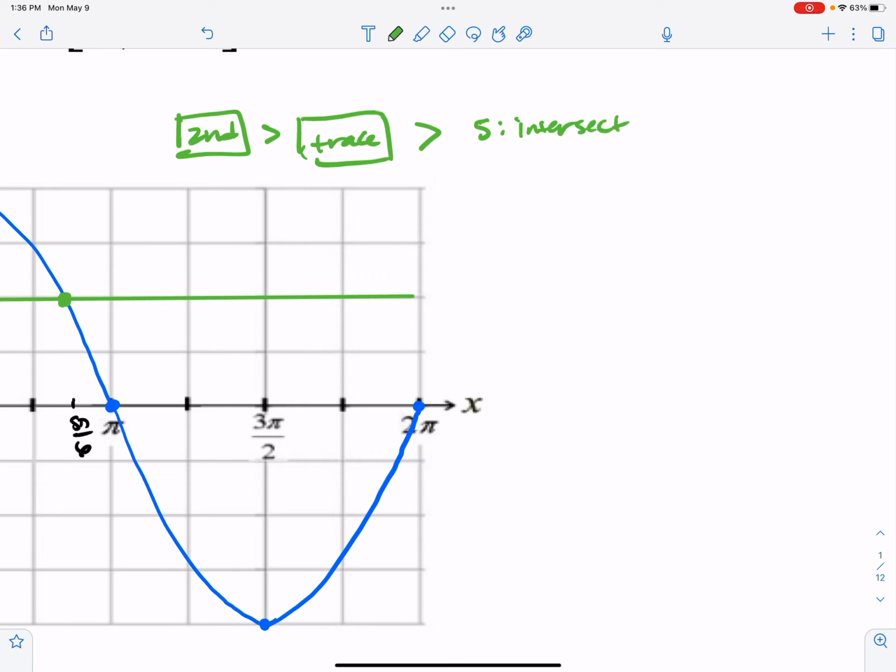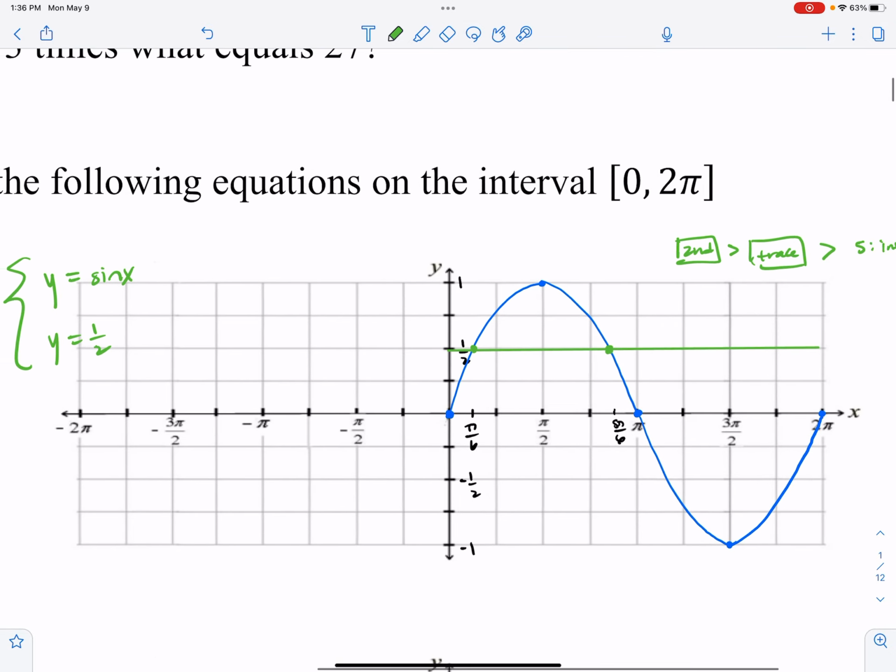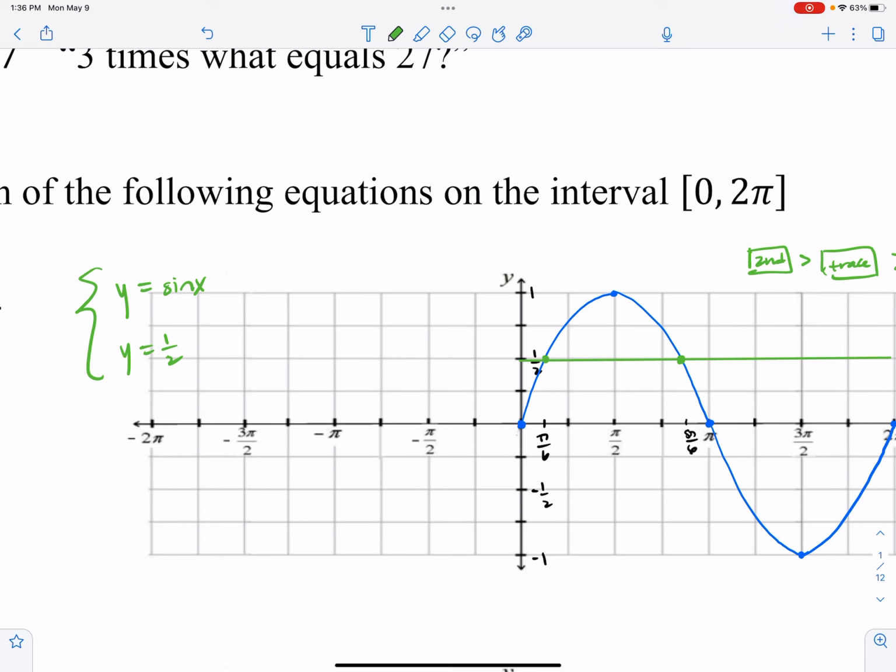And then you're going to use the arrow keys and scroll the blinking cursor to as close to the point of intersection as you can. And at the bottom, it'll say left question mark and you hit enter. And then it'll say right question mark, you hit enter, and then guess question mark, and you hit enter one more time. So you hit enter 3 times, and it'll give you its approximation for the point of intersection, which for this particular equation would be an approximation of pi over 6.